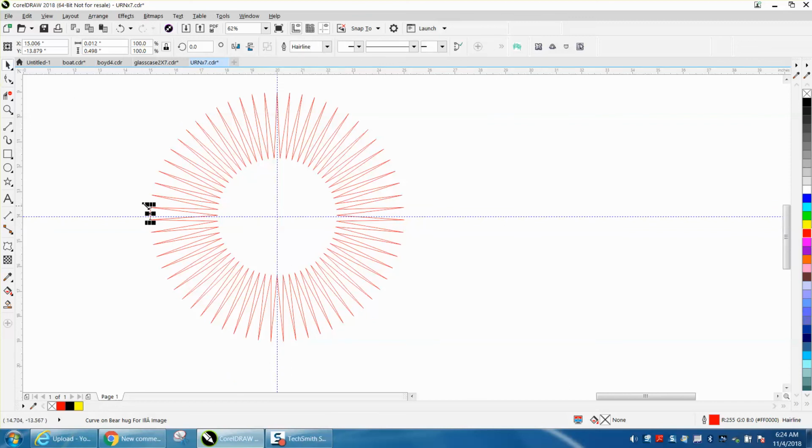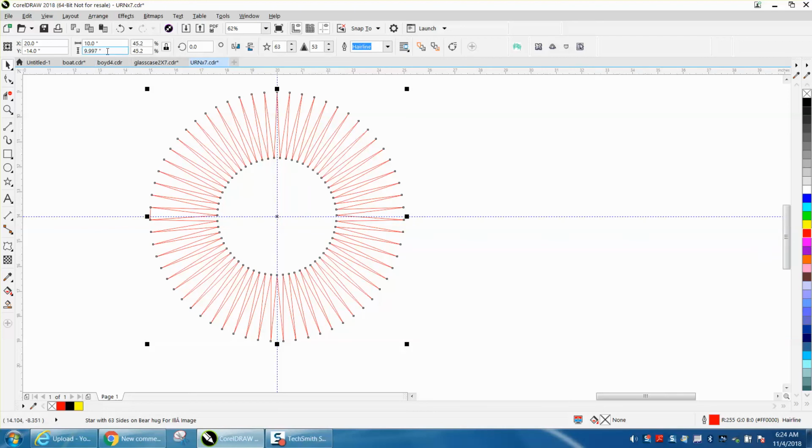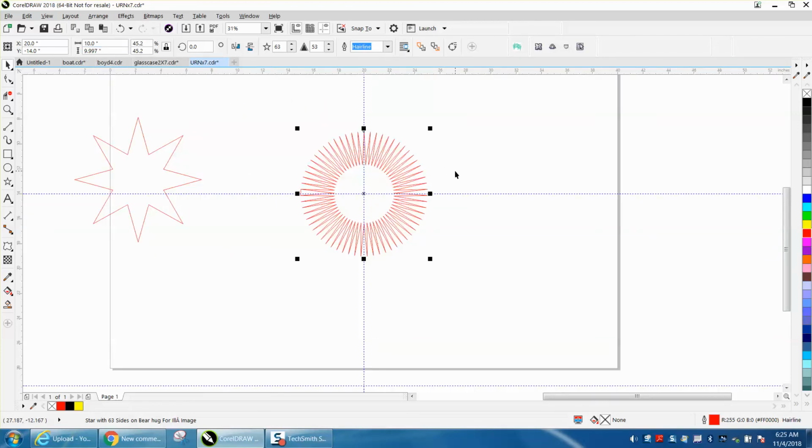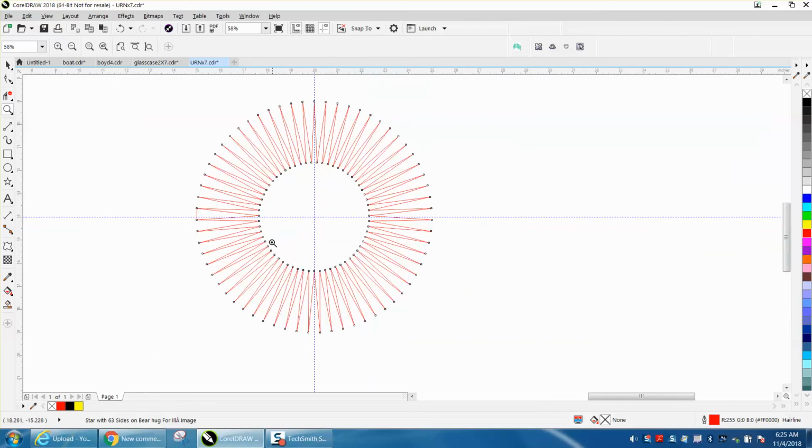We're talking about an unbelievably small amount, 0.003 off. You would never notice that even measuring it with calipers. Anyway, I hope that answered his question. It's just where Corel is looking at it.